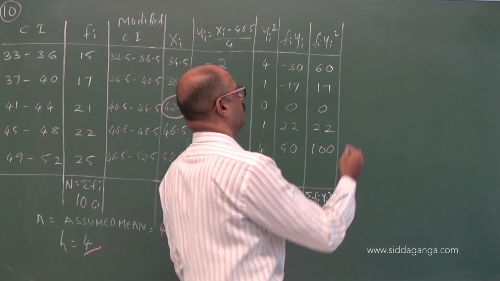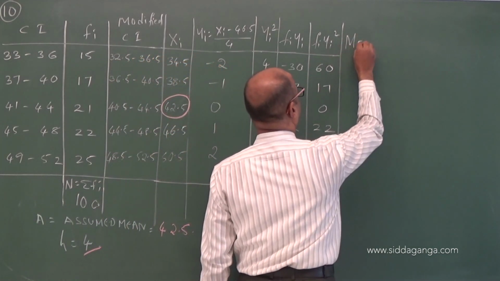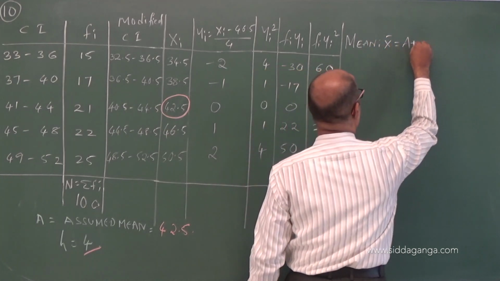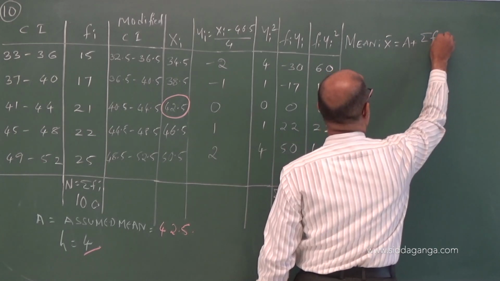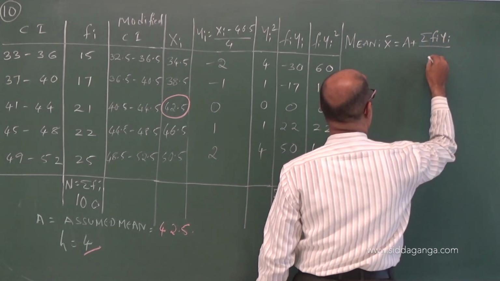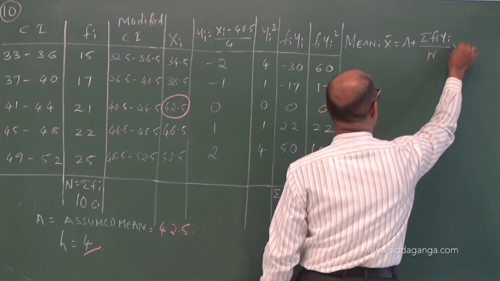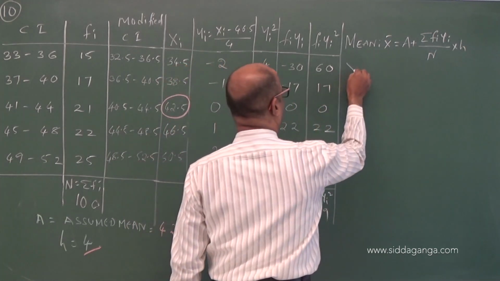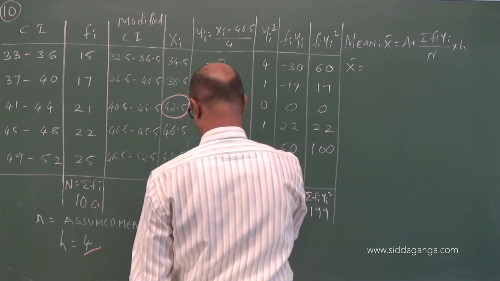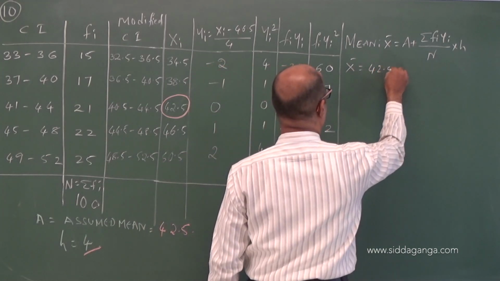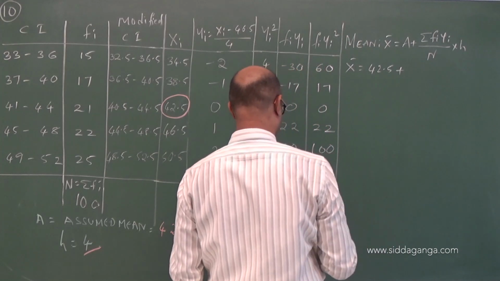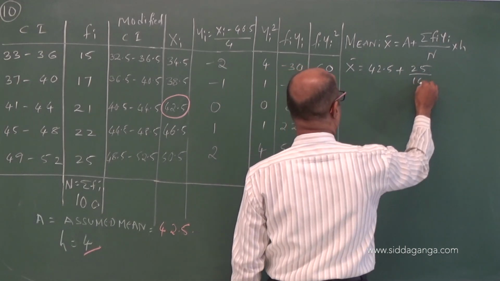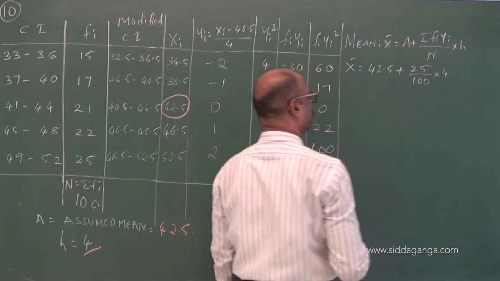After finding all this, we will find the mean. Mean denoted as x bar is given by the formula a, the assumed mean, plus sigma fi into yi divided by N into h. Formula to find mean. So x bar, left hand side, you keep it as it is. Here a stands for 42.5, substitute, plus sigma fi yi is 25 divided by capital N is 100 into h, which is 4.